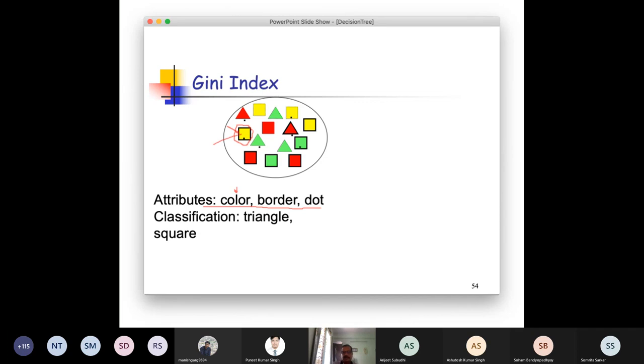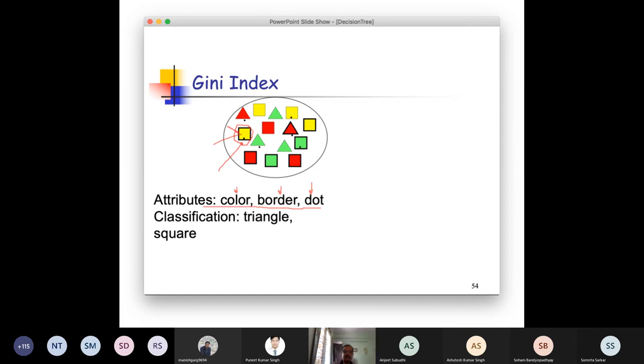Either it has a border or it does not have a border. And it also has a dot, that means dot is yes. The value of dot is yes or no, the border value is yes or no, and the color value is red, green, or yellow. Is it clear? And what are the classes? Classes are either triangle or square.